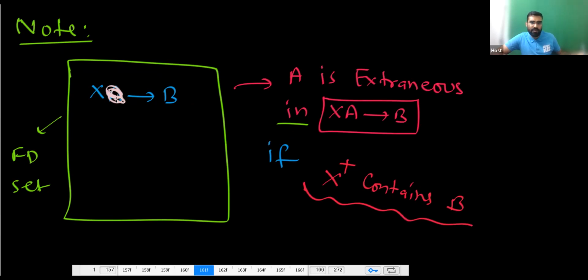Will you check by removing A? No, you will not. Find X plus without removing A.